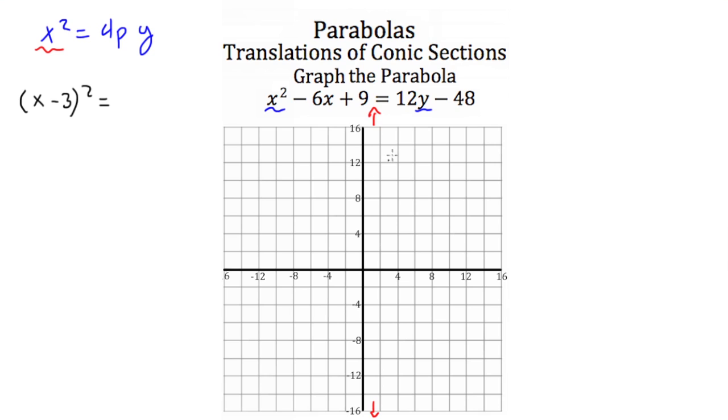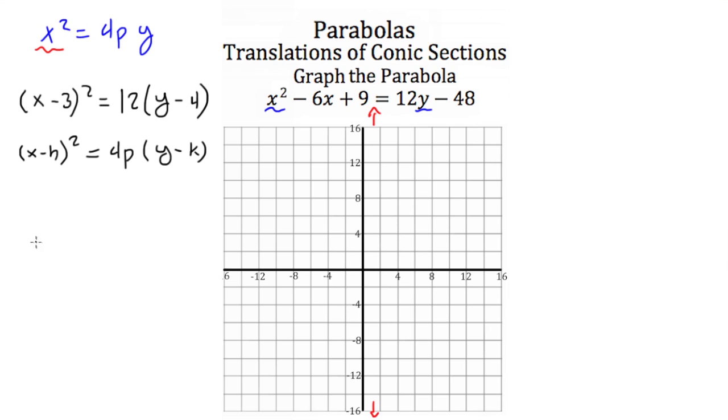Now on the right hand side, this 12y minus 48, I can factor out a 12, and I'll end up with y minus 4. Now this equation is in standard form. You can think of this as x minus h squared is equal to 4p times y minus k. That means our h value is 3 and our k value is 4.